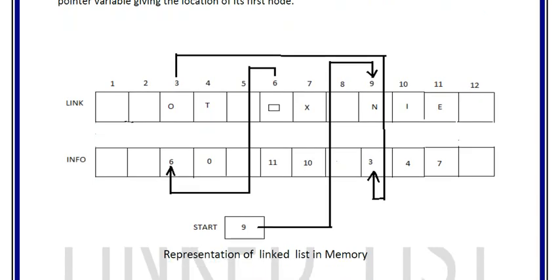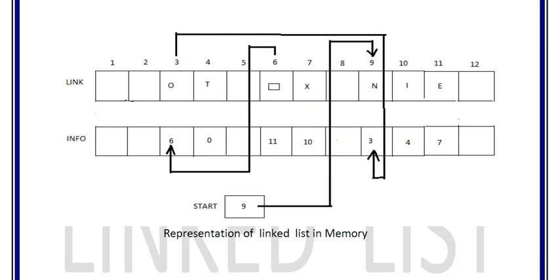In this section we can see that here the link index number 3 is connected with the information number 3 which is indexed, and in 6 this is connected with the info 6th position, and the number 9 is connected with the start position. That is how information and links are connected. This is the representation of linked list in memory. This diagram is important for examination.